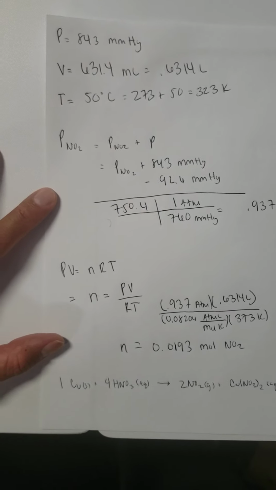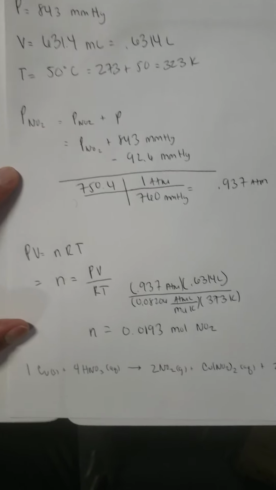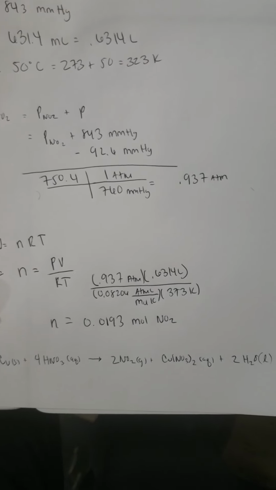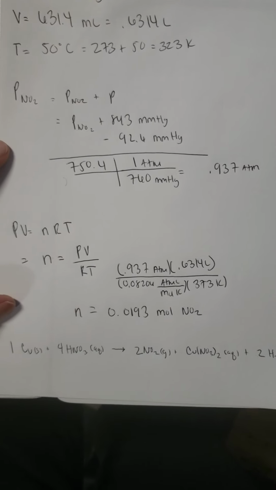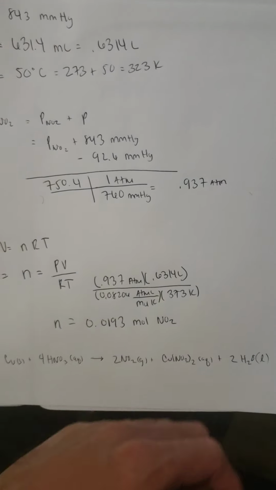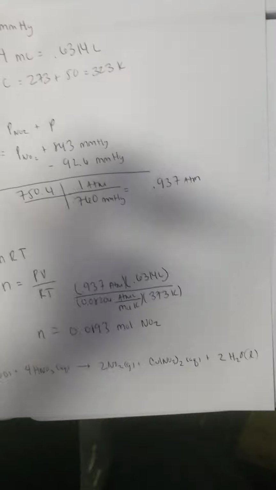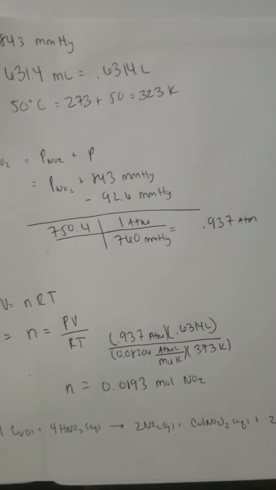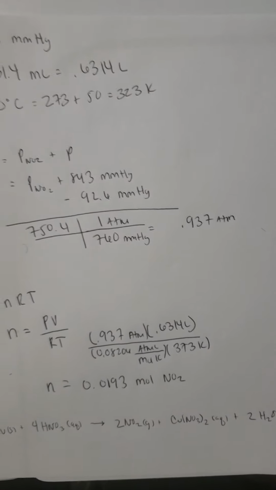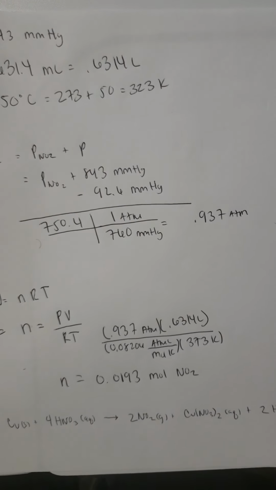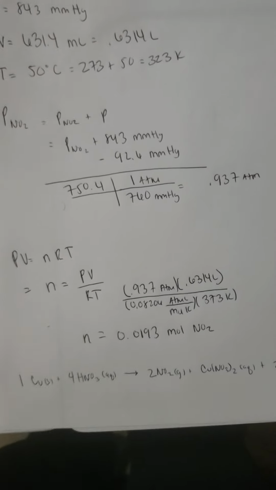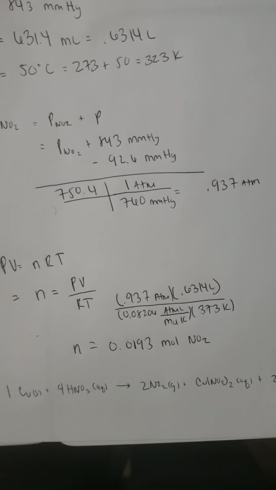Now, since we're working with the gas that's collected over water, we have to do a side step or an additional calculation, and we're going to look up the pressure. Excuse me. The chart for vapor pressure over water versus temperature, because we're working with a gas collected over water.